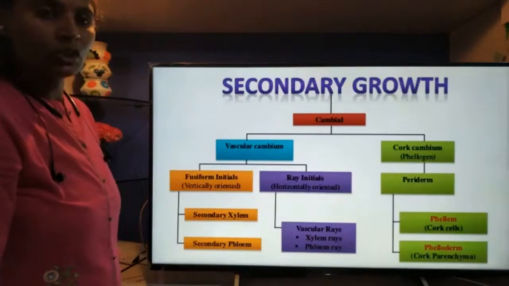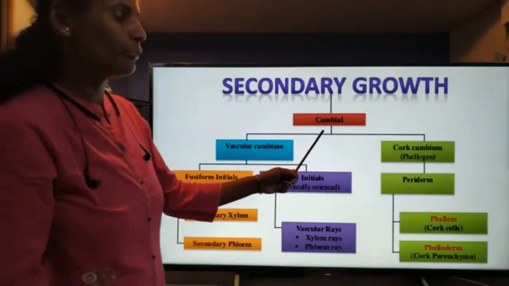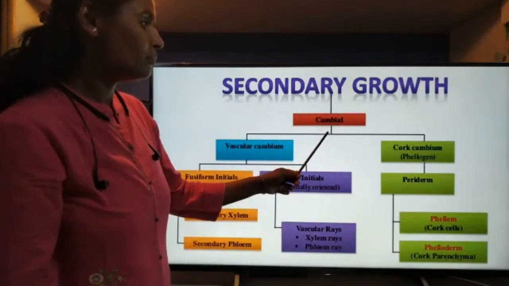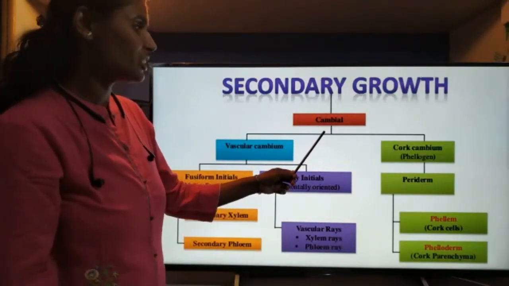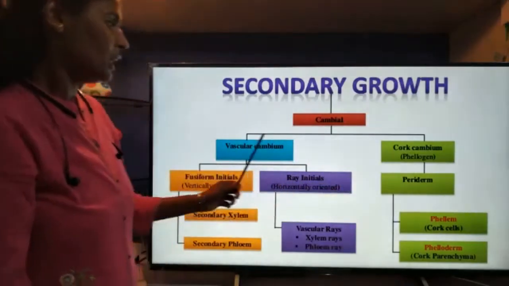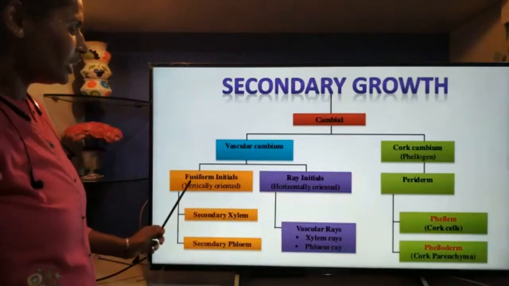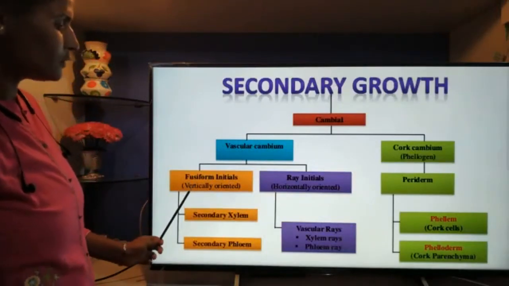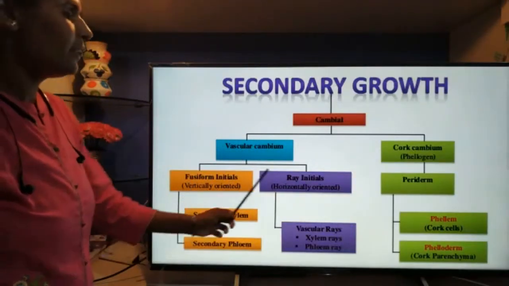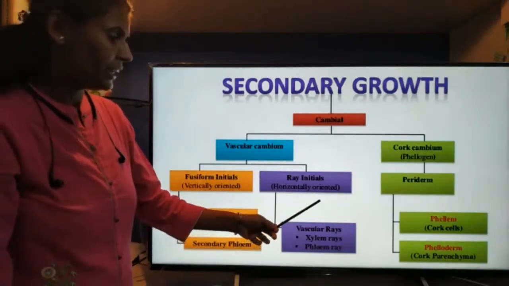So I am going to conclude the secondary growth in plants, which is mainly due to the activity of cambium. The cambium, or lateral meristems, are of two types, vascular cambium and cork cambium. During the secondary growth, this vascular cambium is going to form two initials called fusiform initials, which are vertically oriented cells, whereas the ray initials contain horizontally oriented cells.